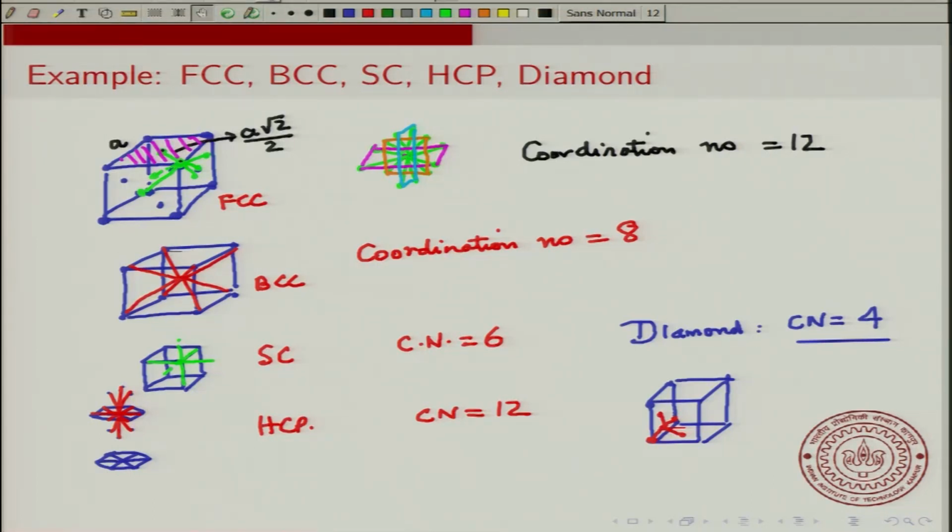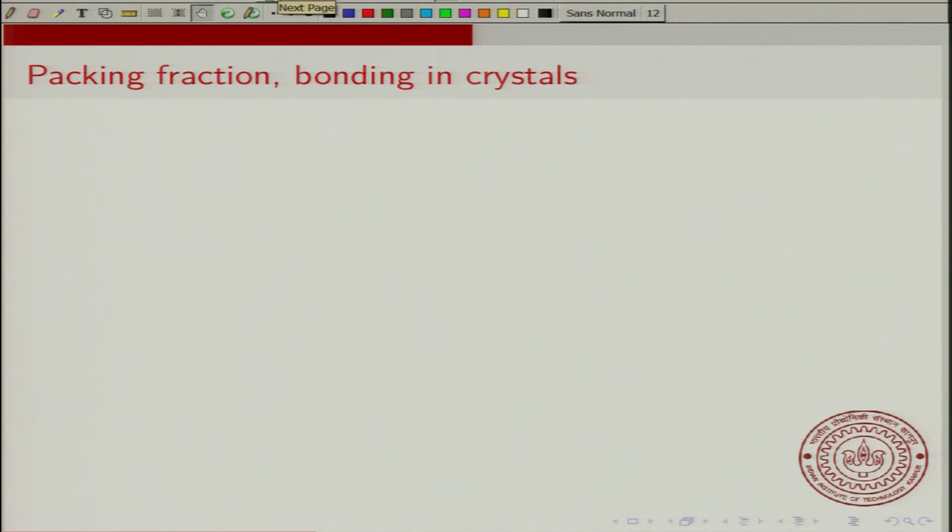Okay, so now let us go to the next topic, that is the packing fraction, and again I will come back to the idea of bonding in crystals. Okay, and now you have probably seen how to calculate packing fractions of crystals. Okay, so let us take the example of BCC.